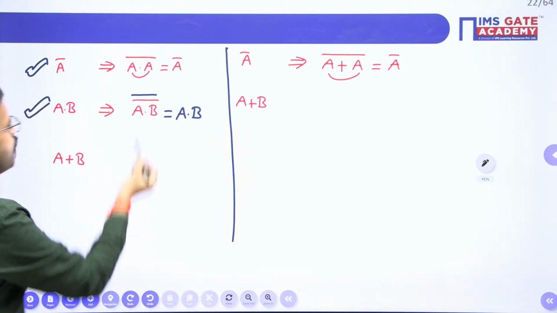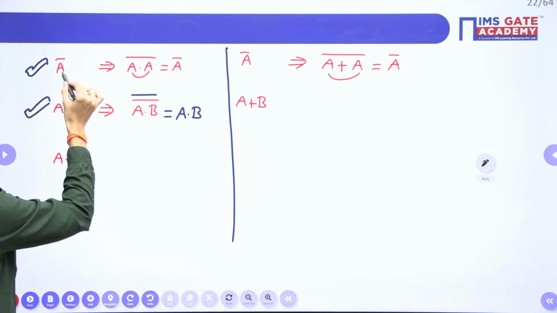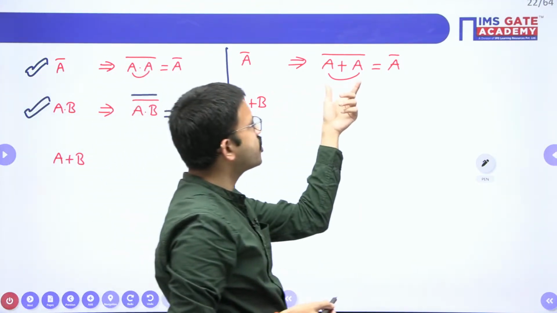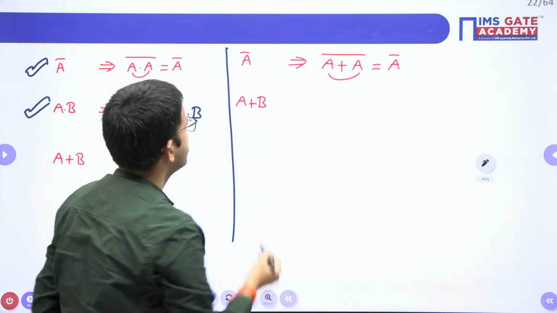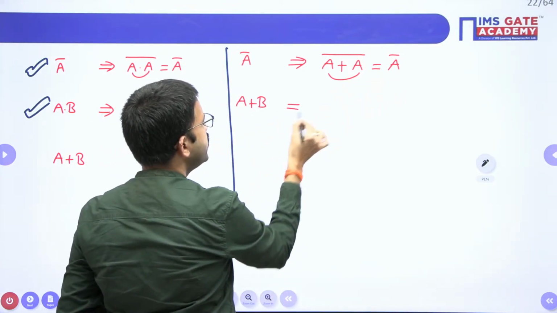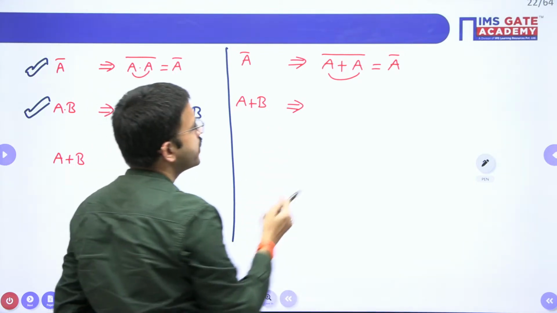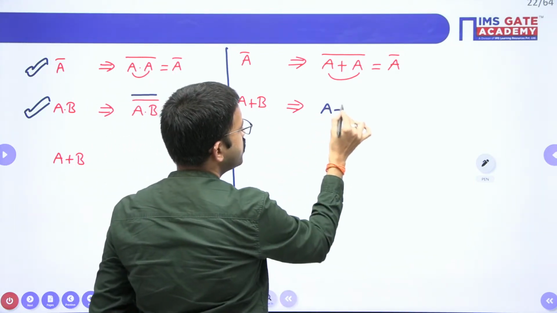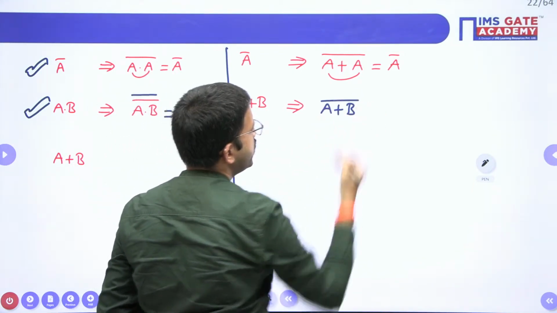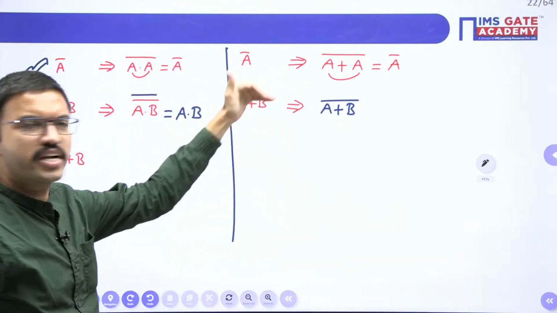With a 2-input NAND gate you get A bar, and similarly with a 2-input NOR gate you get an inverter, A bar. Now, regarding the OR gate, if you are using a NOR gate, by default you will get the complement version.